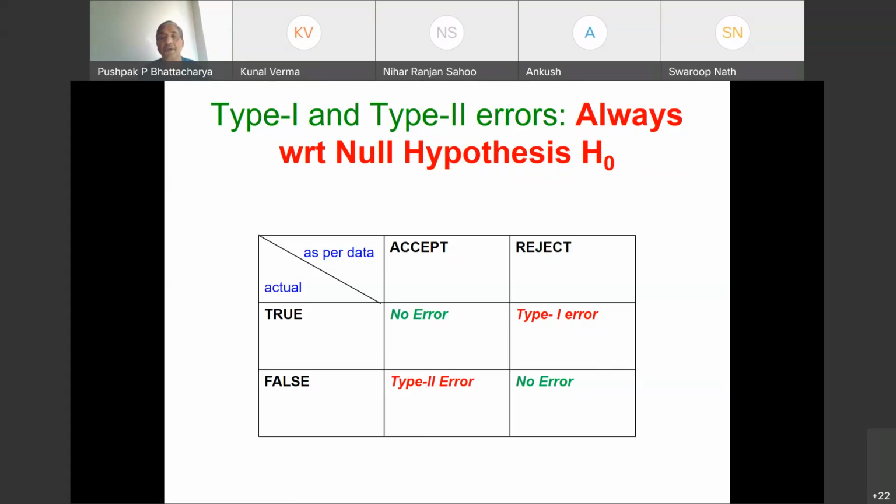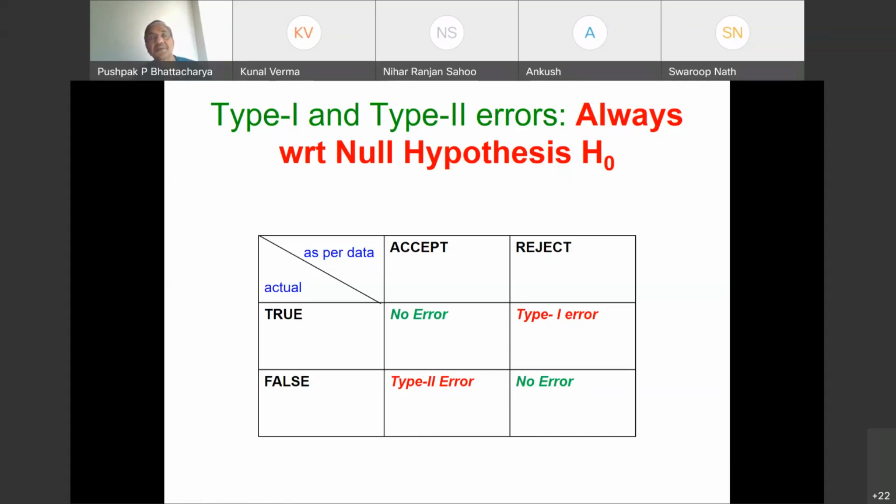So type 2 error in this case is not as serious as type 1 error. Both of them are costly. One is life-threatening. The other is a strain on finance and mental peace. So this point is clear.